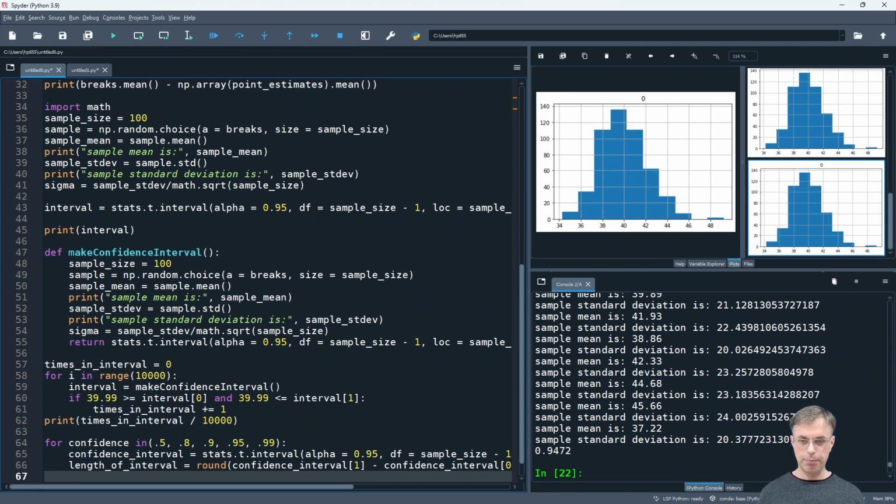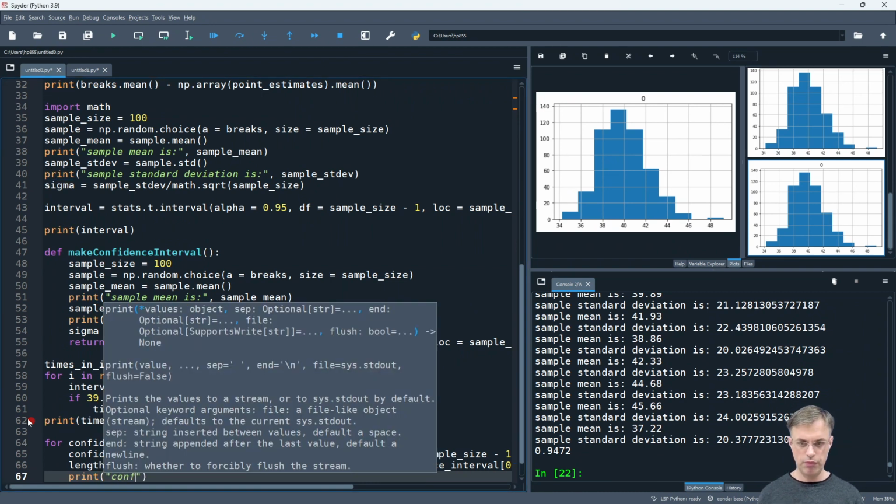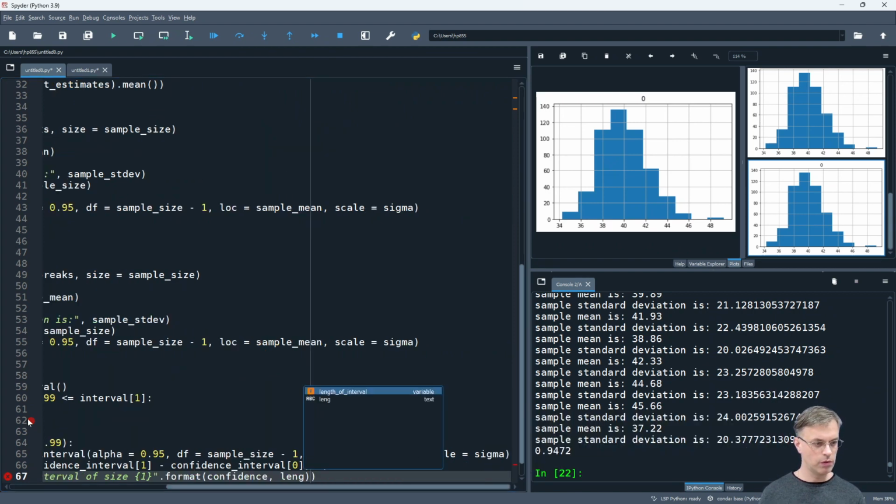And then now what we need is print confidence has an interval of size, format confidence and length of interval.